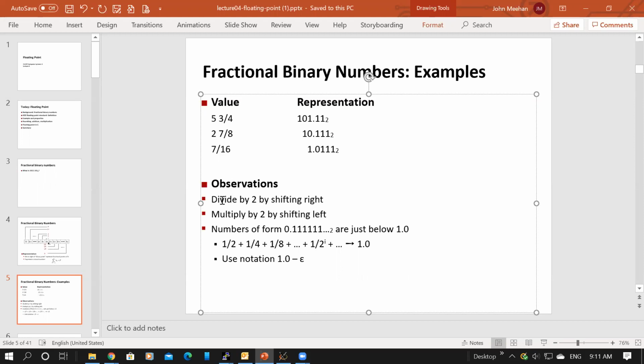So observations. Divide by 2 is shifting. How does the non-decimal 1 affect this? You mean this 1 on the left of the binary point? Oh, yeah, I'm sorry. This is 1 and 7/16. It's pretty early in the morning for me. Good call.